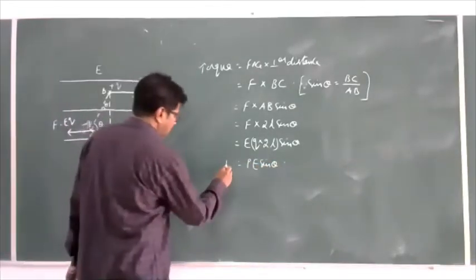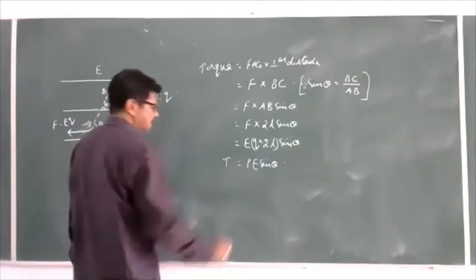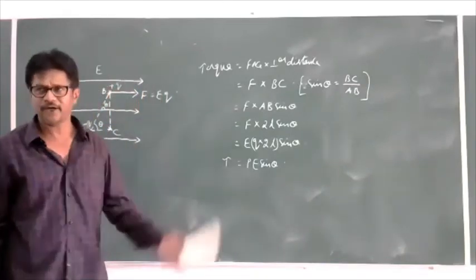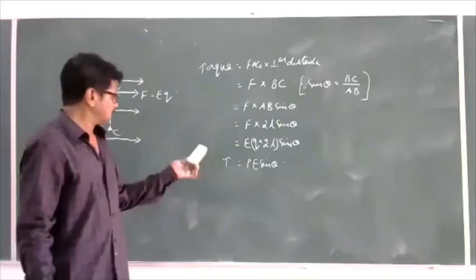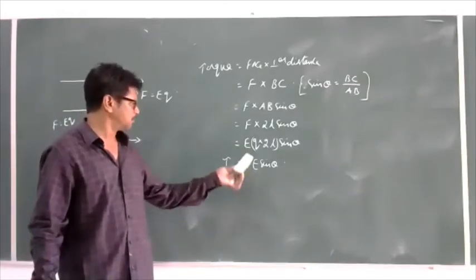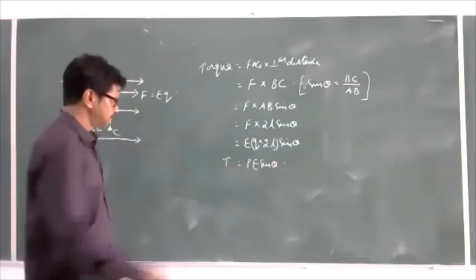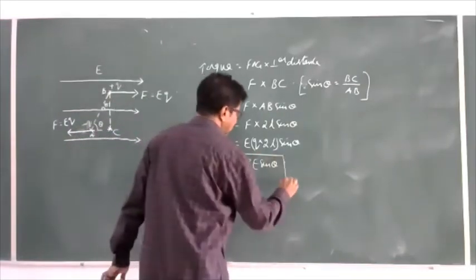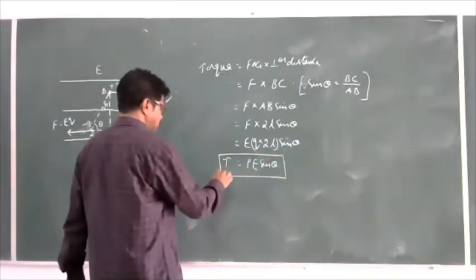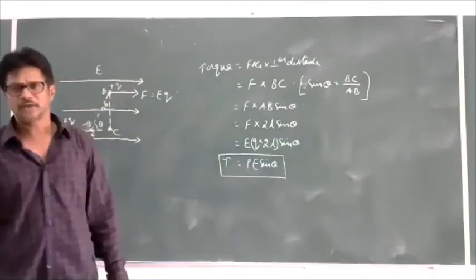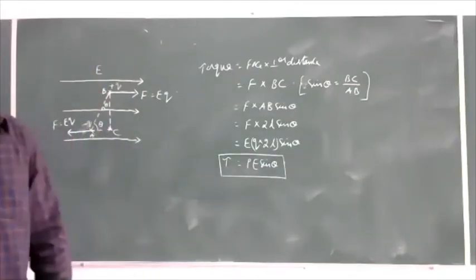So whenever an electric dipole is placed in a uniform electric field, it will experience a torque which is equal to PE sine theta. Very important formula: tau is equal to PE sine theta.